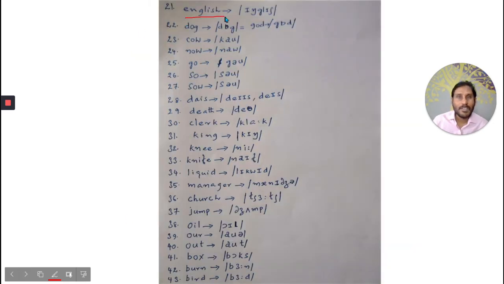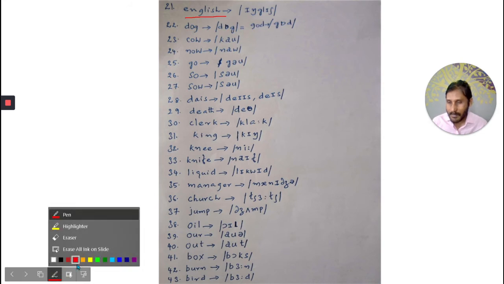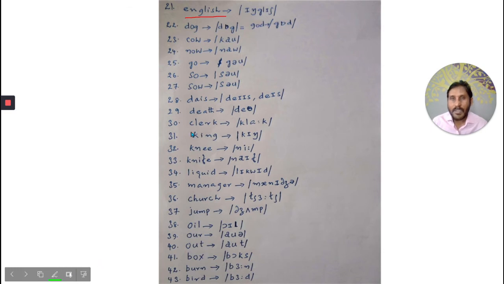English. We are reading English for its fundamental importance, so that we should know what is the right transcription. What are the symbols? Spelling is E, sound should be E. And Inga, long N, English, and G is there.